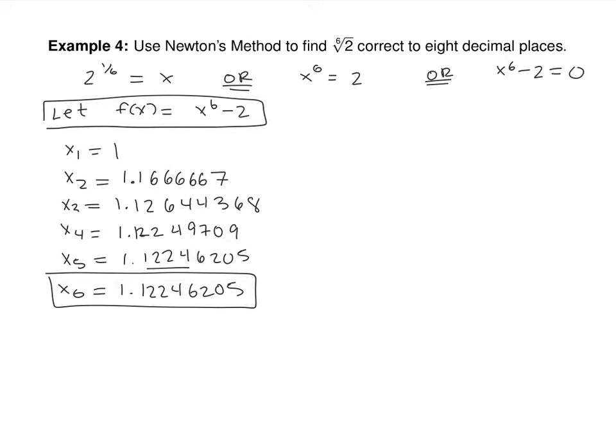A calculator would give you the exact same thing, right? This is just how that calculator is working. Technically it can't be the same, right? Well, this is an estimation, but the exact answer is the 6th root of 2, and how much accuracy you need will affect how many iterations you must do. For all intents and purposes, that might be good enough.